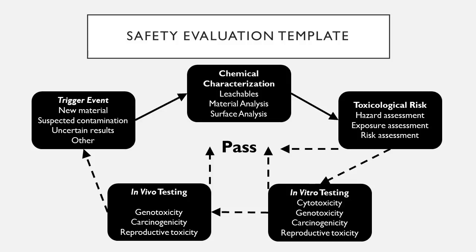This in itself will be called a trigger event, which requires the need to change the materials being used and undergo more testing. Certainly other things can cause this as well, like I said, a change in the vendor for a particular material, a supplier change, the use of a different material as a substitute in an already established device, or maybe adverse events associated within the clinical trials themselves.